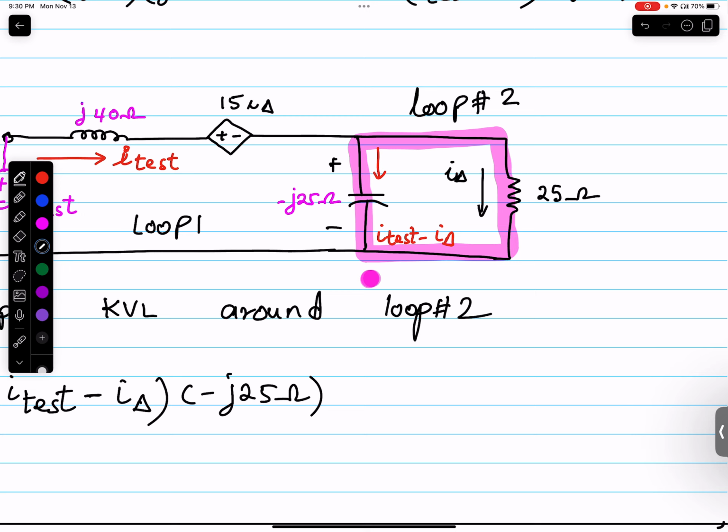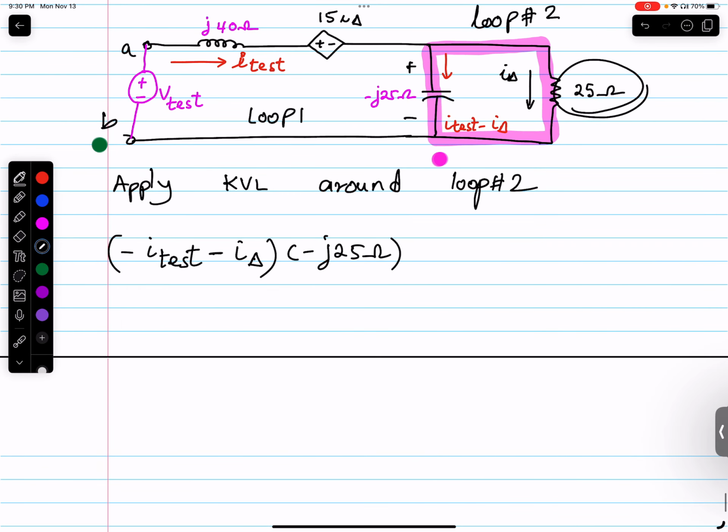Then what else is going on? Then there is this I delta times 25 ohms. So there's a voltage drop of I delta times 25 ohms that's dropped in this resistance here, that completes all the voltages dropped around this loop. That should equal 0.